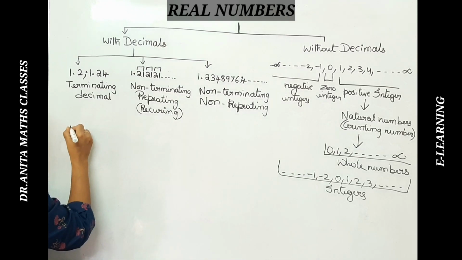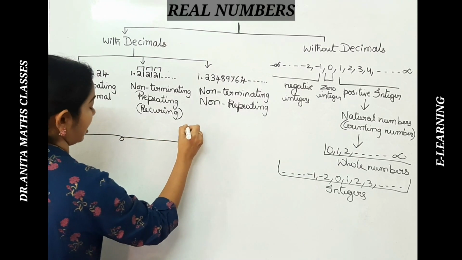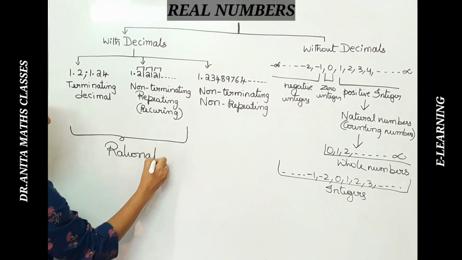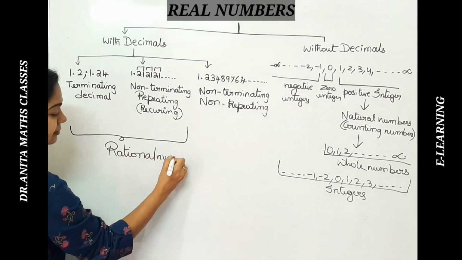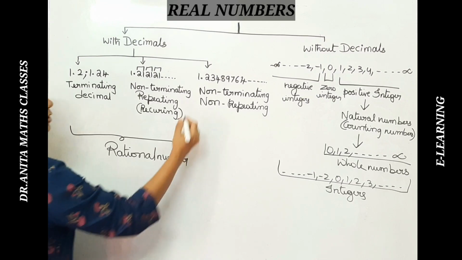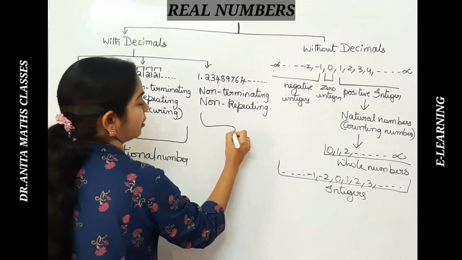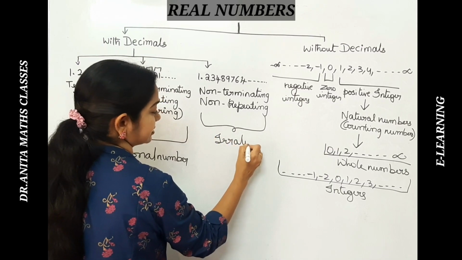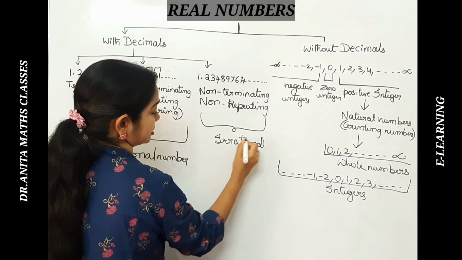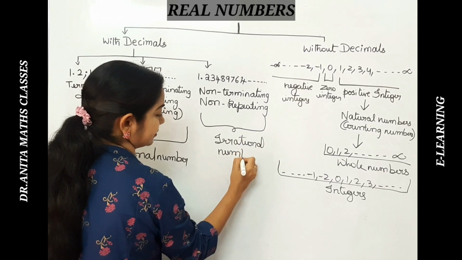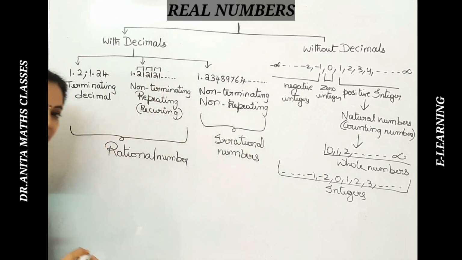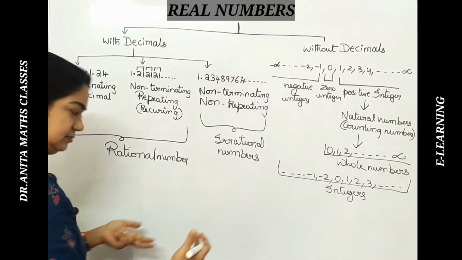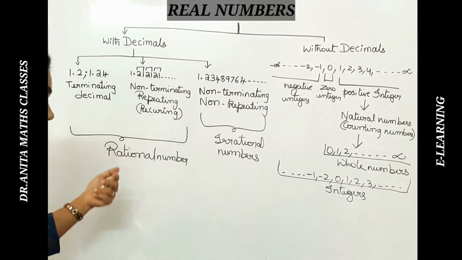These two types form rational numbers. Whereas the non-terminating, non-repeating numbers are called irrational numbers. We'll be studying rational as well as irrational numbers in detail in our next classes also.